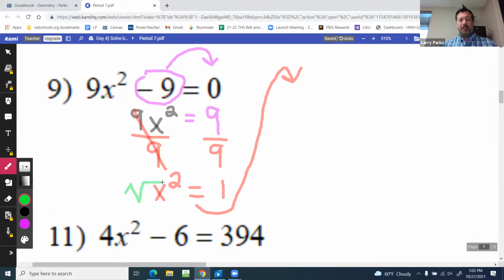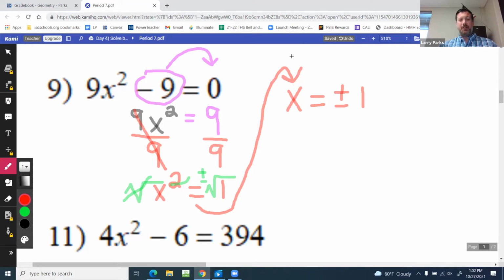The square root and the square cancel, but when you square root one side, you need to do the other side. And when you square root, you look at the positive and the negative of that number. So if I take the square root of x squared, I get just x, and the square root of 1 is 1, because 1 times 1 is 1. So you get x equals plus or negative 1.